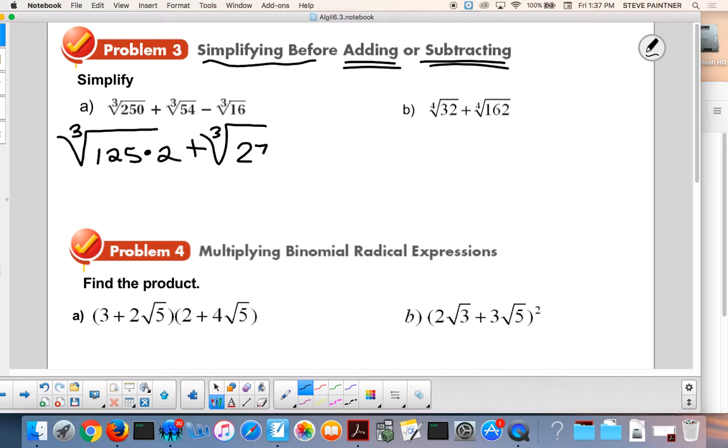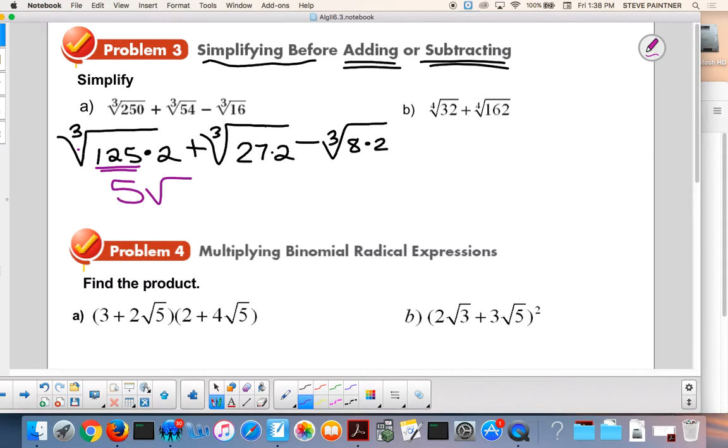27 times 2, okay. Minus 16, cube root, don't know it. But could change it to what? 8 and 2. Okay. Once I do that, and then I just simplify what I can, you're going to see that you have everything you need. What's this? Cube root 125. 5.